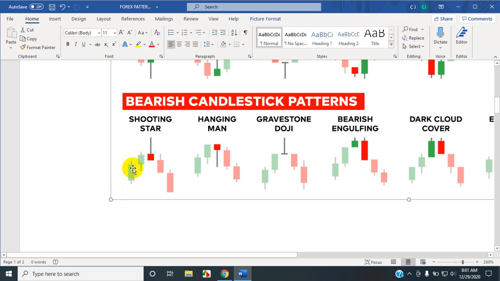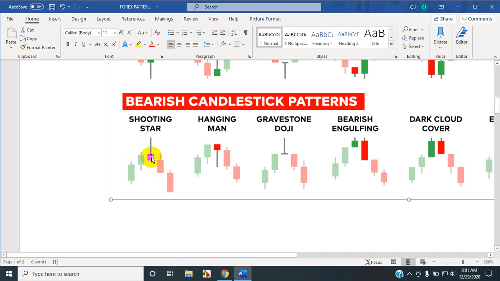So if price is coming down from somewhere, coming up, and a candle forms, and it's not a full candle with a whole lot of wick, but a small body, it shows that the market is exhausting itself here, so it's about to drop.